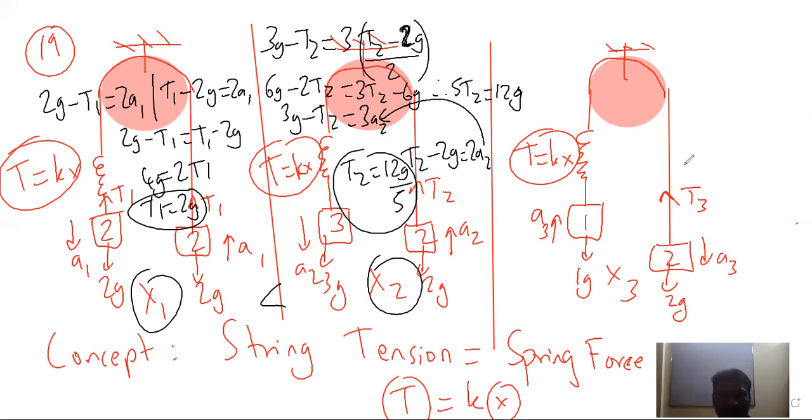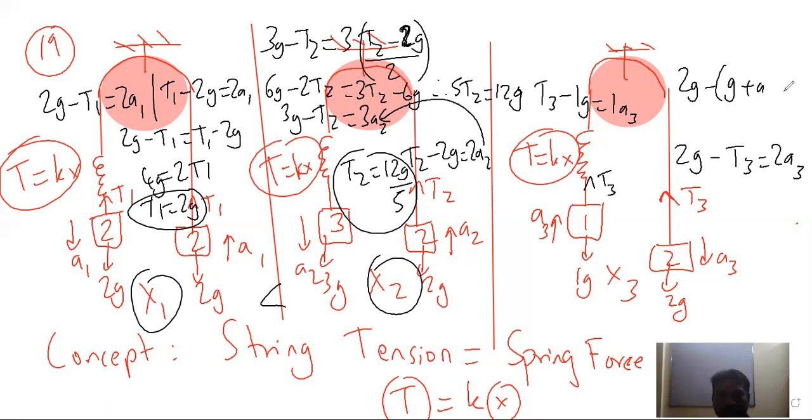Similarly, let us do the equation here. So here we will have 2G minus T3 is equal to 2A3. Here we will have T3 minus 1G is 1A3. So 2G minus T3, which is G plus A3, is equal to 2A3. So 3A3 is equal to G. So A3 is G by 3.